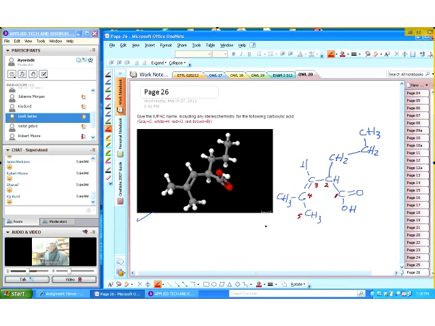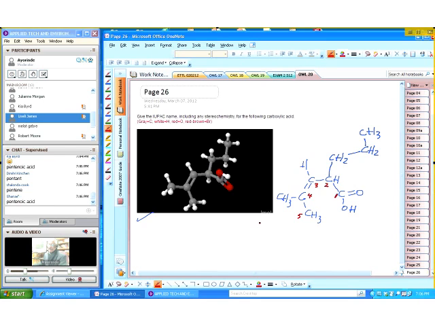So what would be the IUPAC name for this molecule? Well, let me ask you another, maybe I should ask you a more specific question. What would be the base name for this molecule? We know the longest carbon chain is 5.